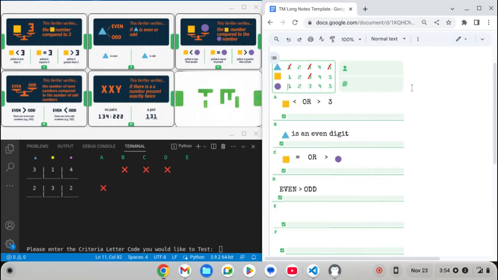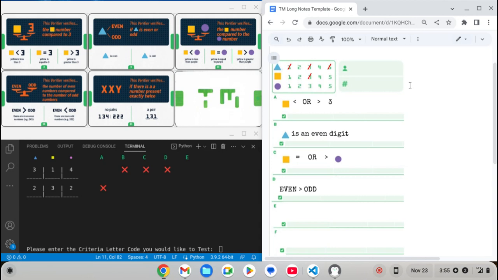No. Well, yeah, I think maybe we can cross out 5 because 5 is bigger. We know if circle is 5, then square can't be 5 because we can't have 2 odds.